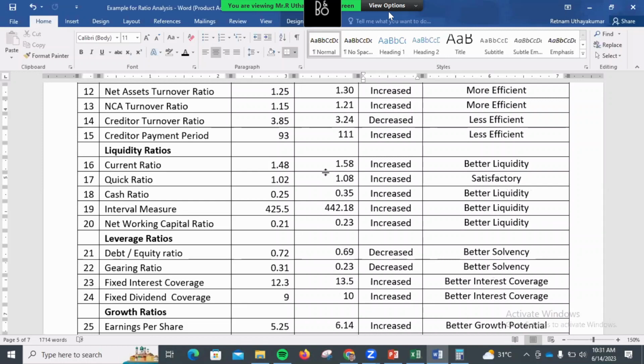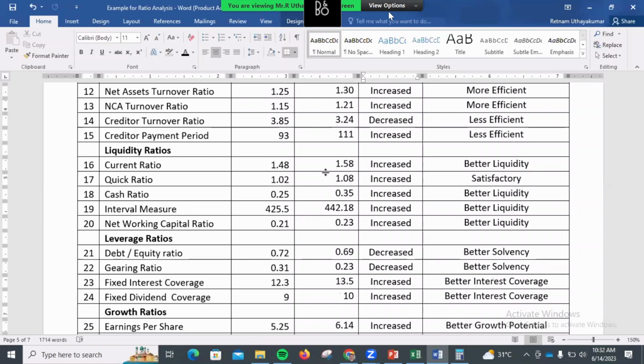You must have 2 rupees in hand to pay 1 rupee of due loan. Here, in comparative terms you can comment, but when comparing with the benchmark, it is very low. Both years cannot be interpreted as good liquidity.